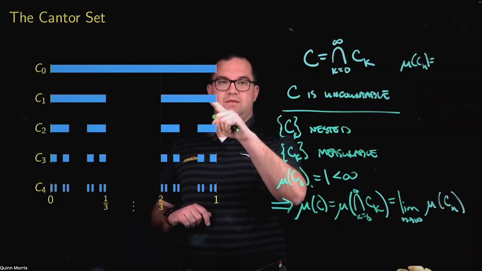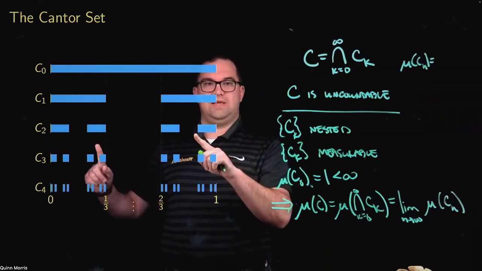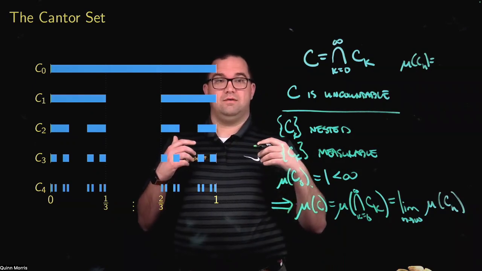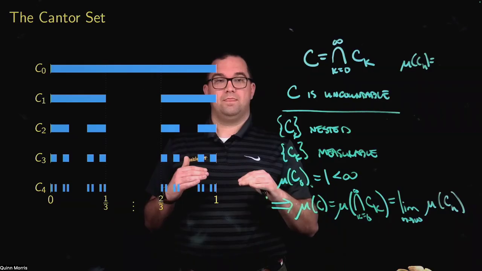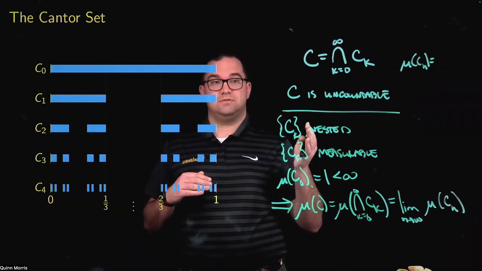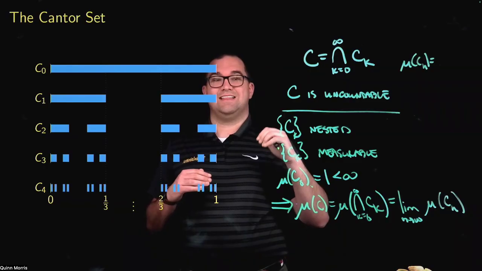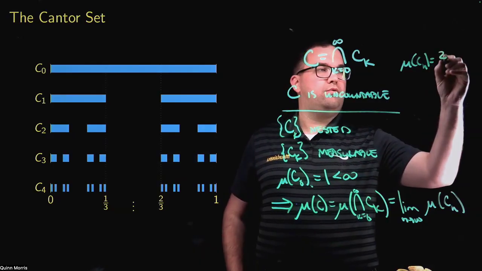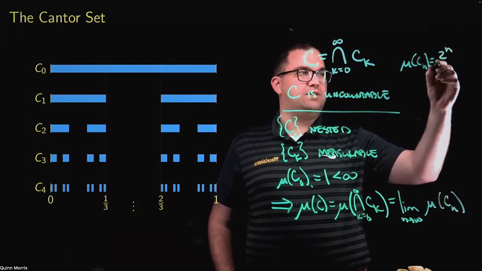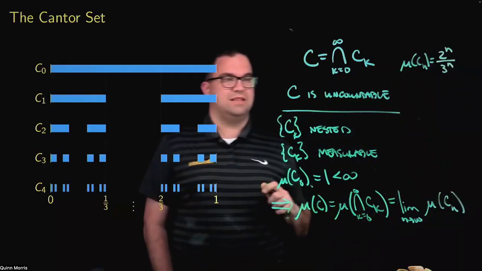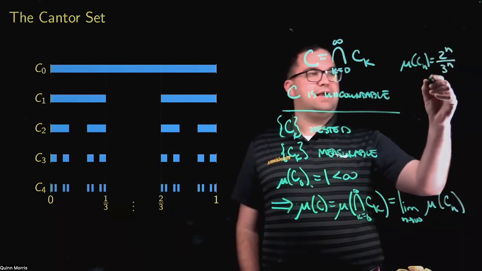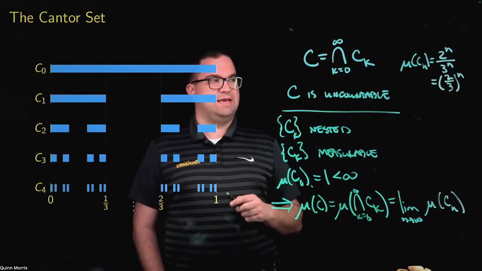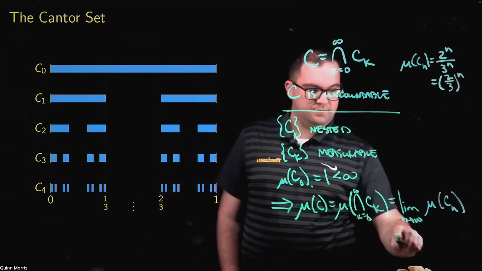Well, the first one has length 1, then each of these has length 1/3, each of these has length 1/9. So in the kth step, you have 2^k intervals, and each of those intervals has length (1/3)^k. So for n, you have 2^n of these, each one of them has length (1/3)^n. So you actually get that the measure of C_n is (2/3)^n.